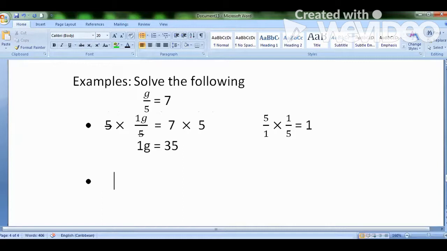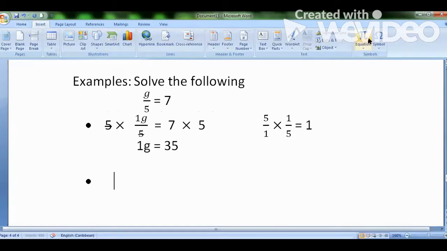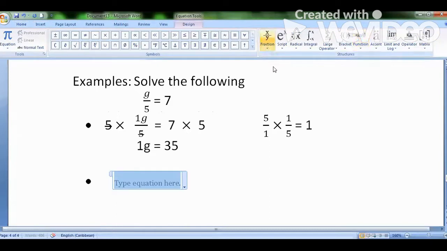Okay, try this one for me. Sir, the answer is 1G equals 35, or you could say G equals 35.